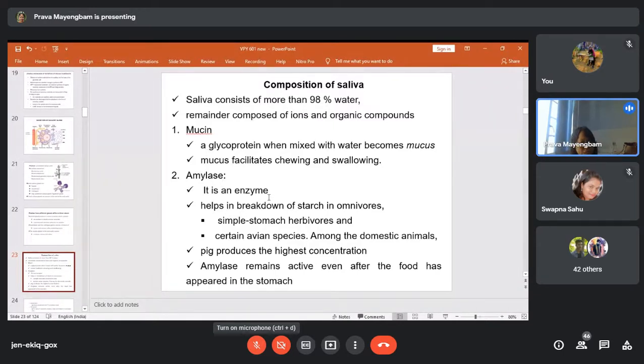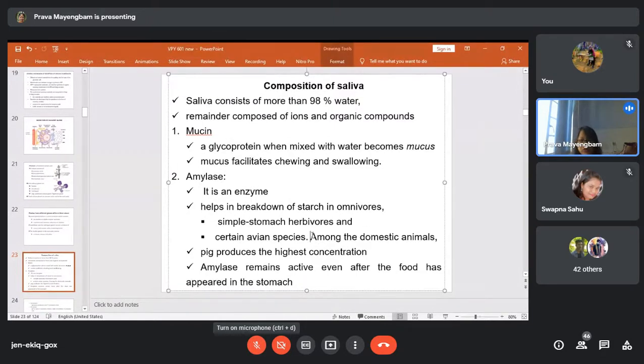Amylase is an enzyme. It helps in breakdown of starch in omnivores, simple stomach herbivores, and certain other avian species. Yes, birds also have saliva which contains salivary amylase.